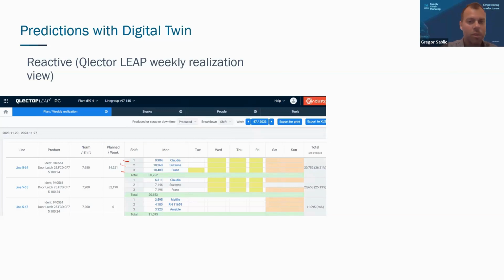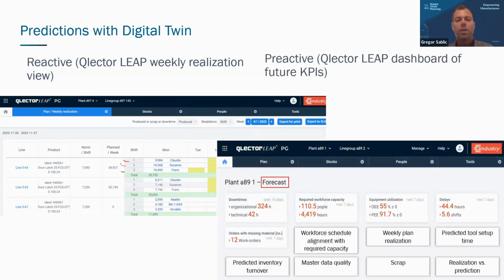On the other hand, as I mentioned before, we are able to be preactive with the implementation of the digital twin because we are creating a forecast. Based on the released planning scenario in the production area, we display forecasts of the main KPIs.